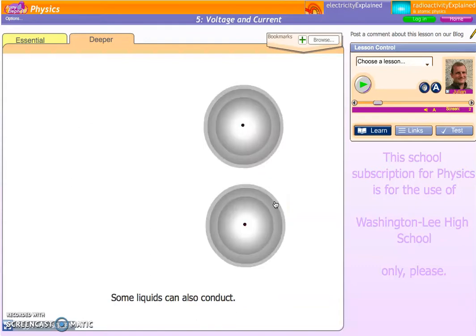Some liquids can also conduct. In this case, the current consists of positive and negative ions. A negative ion is any atom that has gained one or more electrons.